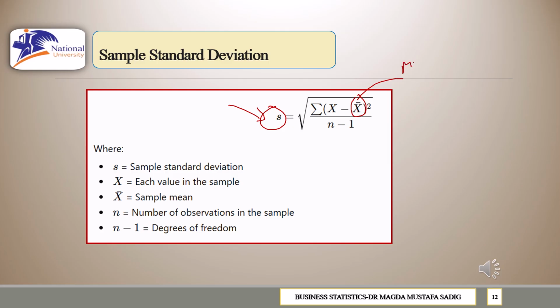That is why we use x bar, the mean of the sample, and we have the deviation of the mean from the observations, the square deviation. Then we divide by n minus 1, which is the degrees of freedom, where n is the number of observations in the sample.